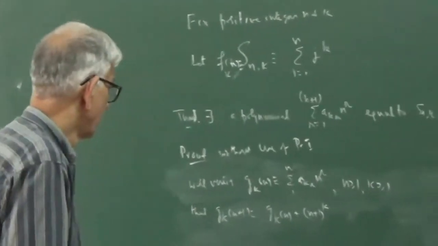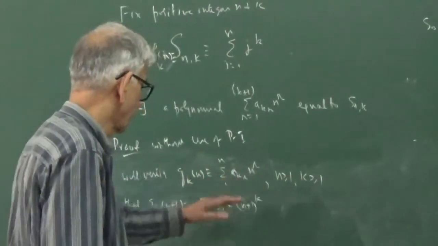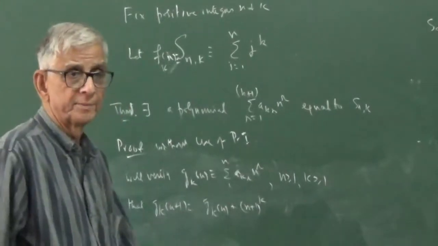So now we will show that there exists a_kr with this property.